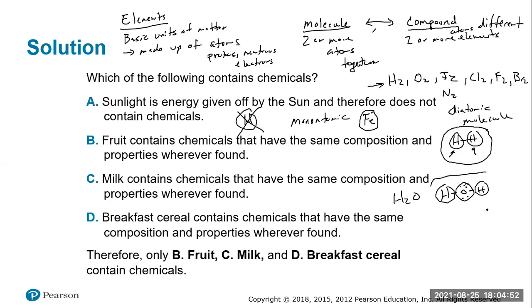Water is a compound because it is made up of two or more atoms of different elements. Water is also a molecule because it's made up of simply two or more atoms. Water is not an element because it is made up of two different elements.